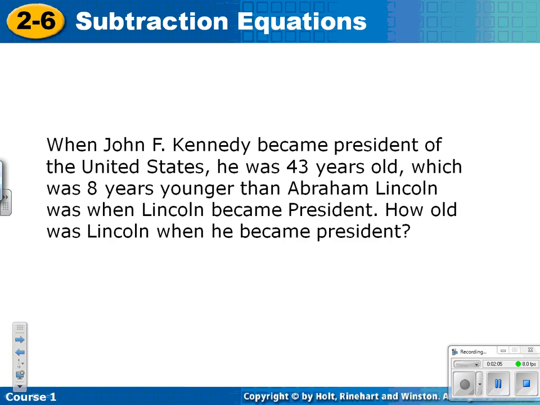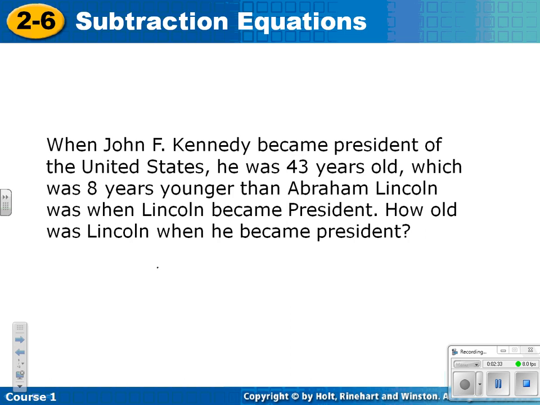When JFK became president of the United States, he was 43 years old, which was 8 years younger than Abraham Lincoln. How old was Lincoln when he became president? So let's turn this into an algebraic expression. When JFK became president, he was 43.